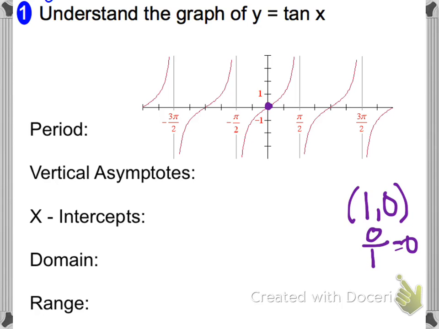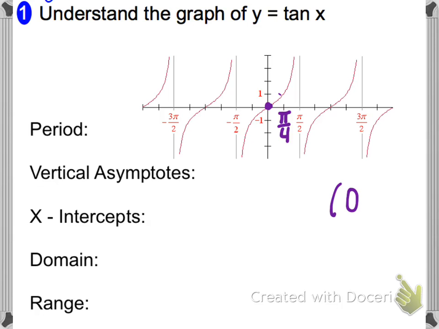Now, from there, if you continue around the unit circle, when we get over to pi over 4, which would be right over here in the middle, the tangent of pi over 4 is 1, so you can see why there's the 1 there. And then when we get to pi over 2, remember the point pi over 2 is 0, 1, and tangent of that is 1 divided by 0, which is undefined.